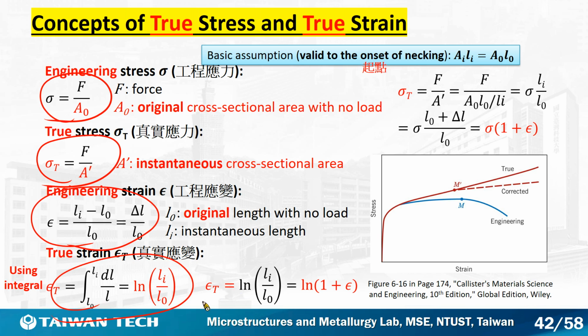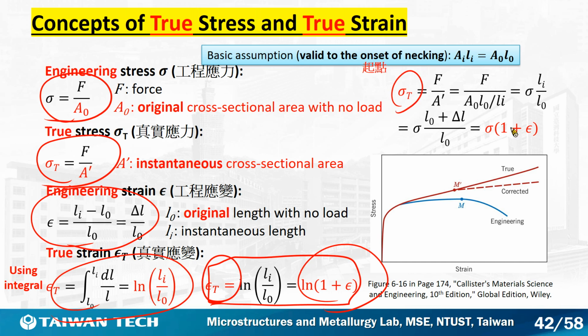I think you already learned about this. So this is just to let you know the difference between engineering stress and true stress. And we have an equation to convert between these two.